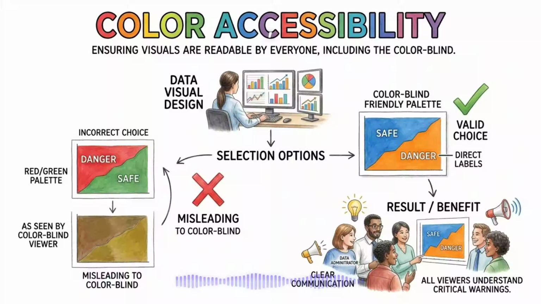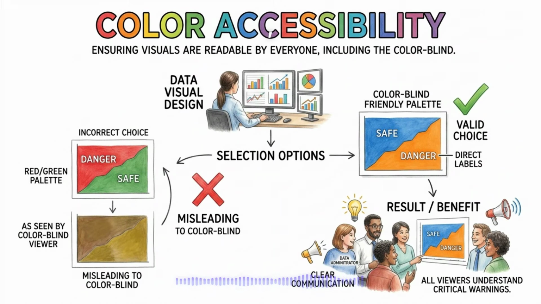When designing your visuals, you must carefully consider color accessibility, ensuring that your charts are easily readable by everyone. A significant portion of the population has color blindness, meaning they cannot clearly distinguish between the colors red and green.